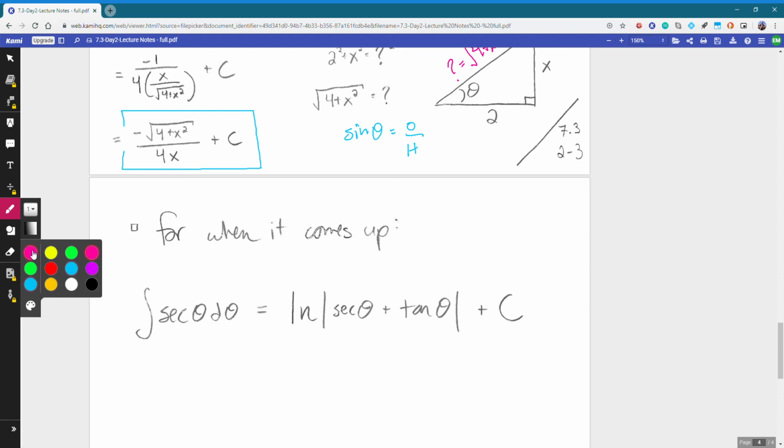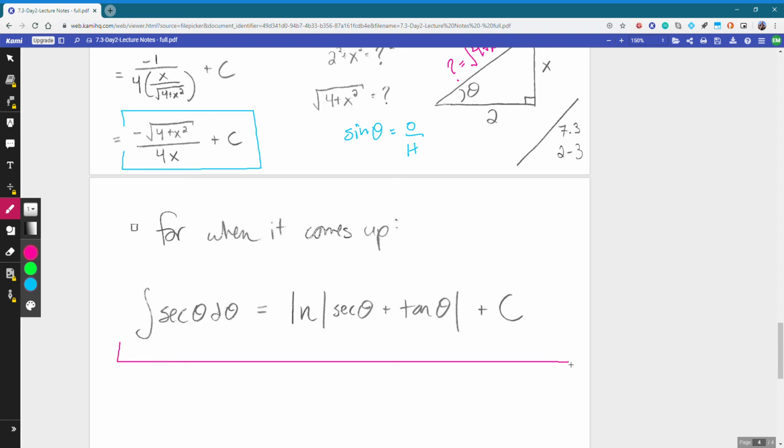There's a way to prove this. There's a way to construct this, but it's not very natural seeming and not very instructive. So I'm just handing this to us saying, hey, if you need to integrate secant theta, here's what that is, so that we can have that on hand if this comes up in some of our work.